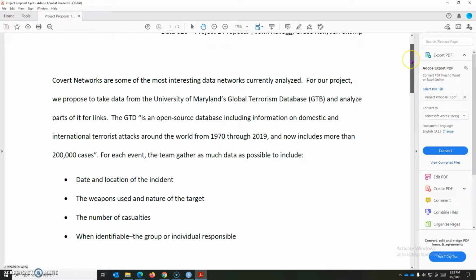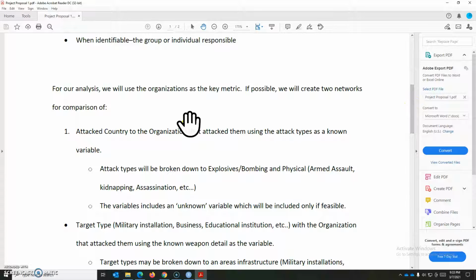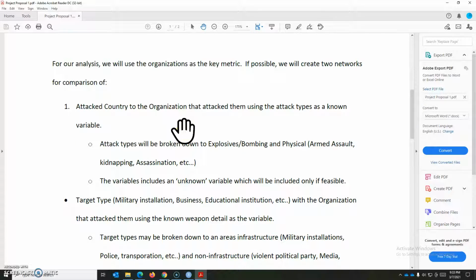For our purpose, to make the network run, we decided to limit the database to the past 15 years only. For the analysis, we have two main interests.